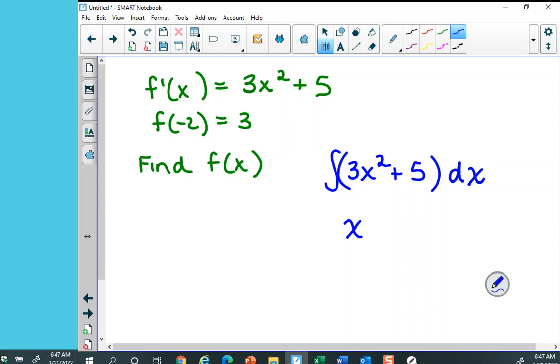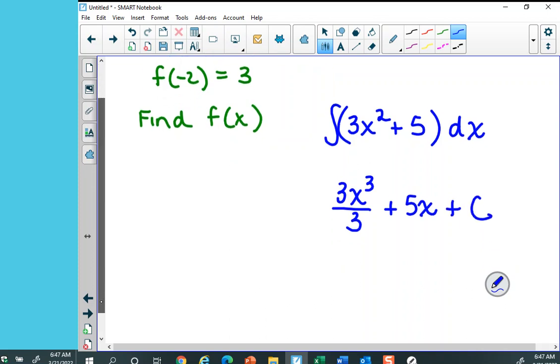So antiderivative, oops, I'm not going to shortcut this. All right, so antiderivative, 3x cubed over 3. Well, that's fun. Plus 5x plus c. I'm going to clean that up a little bit here. Those 3's divide away. That definitely makes the world easier. So there's my antiderivative.